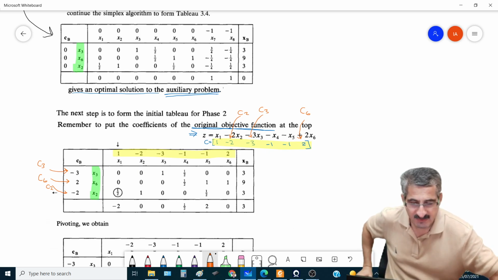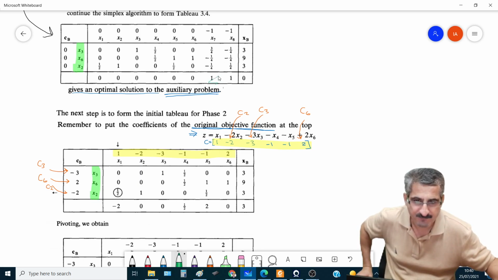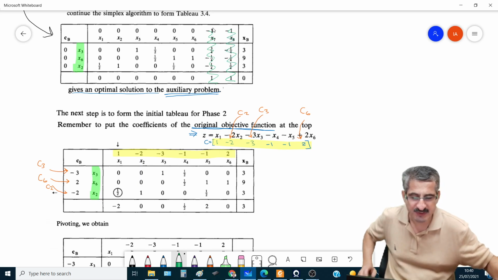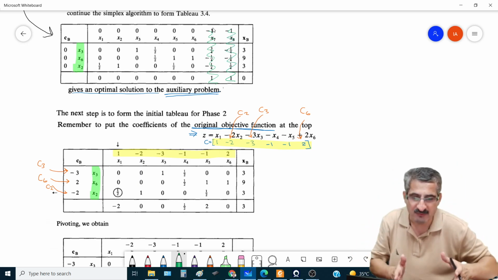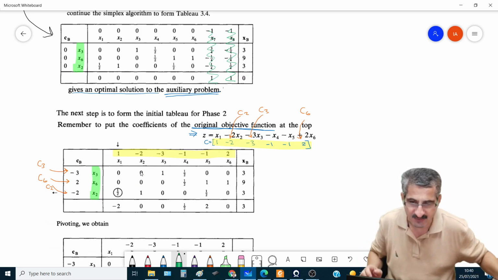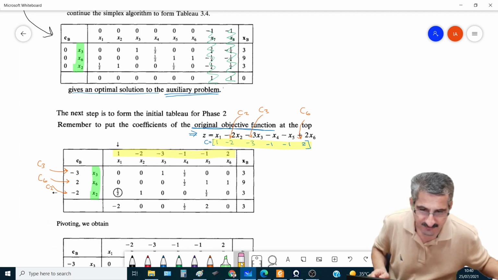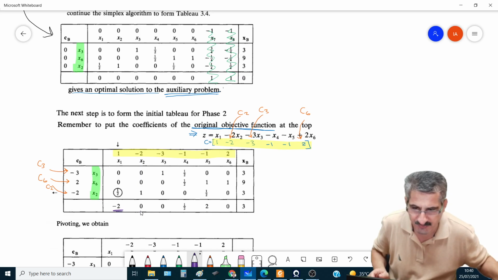Moving from phase 1 to phase 2, we take the table, remove the columns of the artificial variables, and take everything as is. Now, my question: how did we compute -2, 0, 0, this, and that?